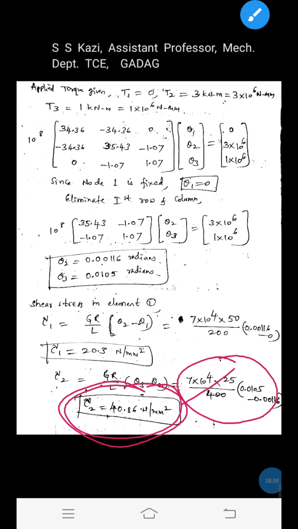In this video session we have covered the derivation of the torsional stiffness matrix for a torsion element, and we have learnt how to determine the angle of twist and the shear stress in the shaft subjected to torsion or twisting moment by using the elimination method in finite element method.